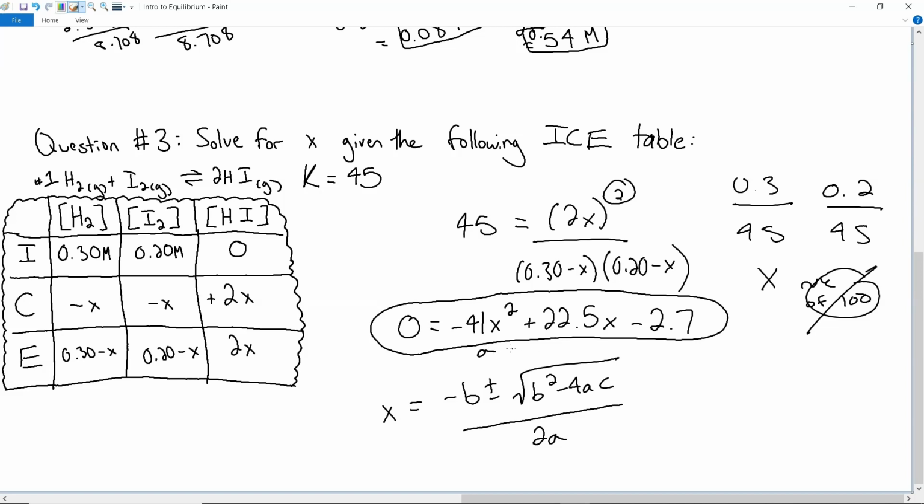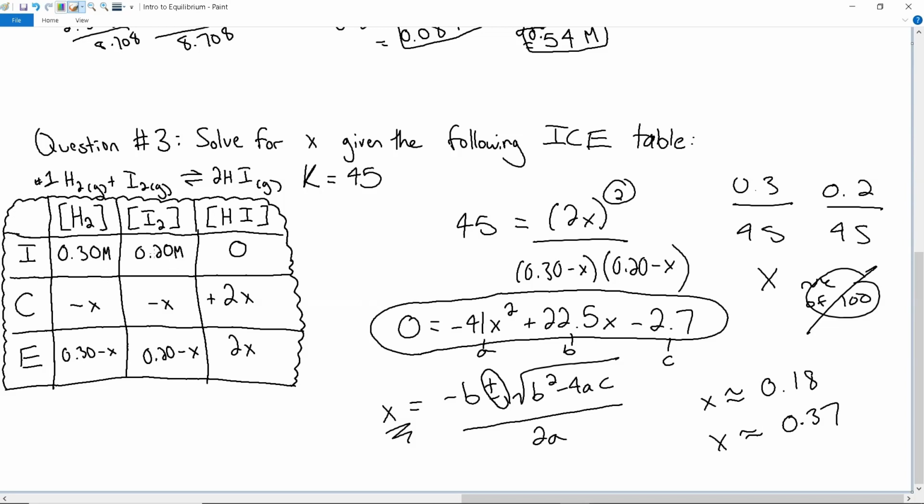So we have our a value here, we have our b value here, we have our c value here. And I will fast forward through all of this and just let you know that the two x values that you can get are 0.18 or 0.37. Right, and we are going to get two answers because we have a plus minus in front of the square root. So there are two possible values for x. However, logically, only one of these is going to work, right?